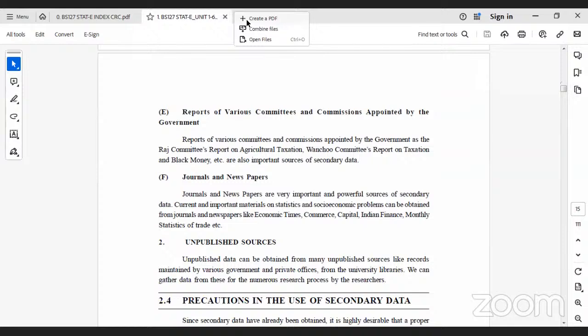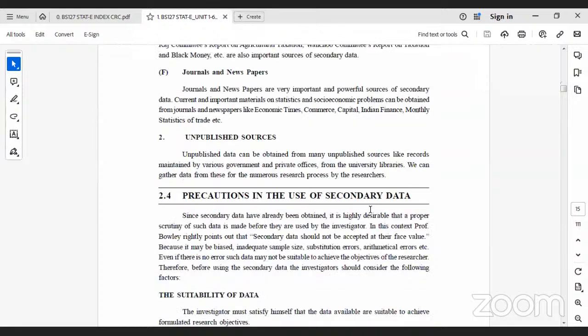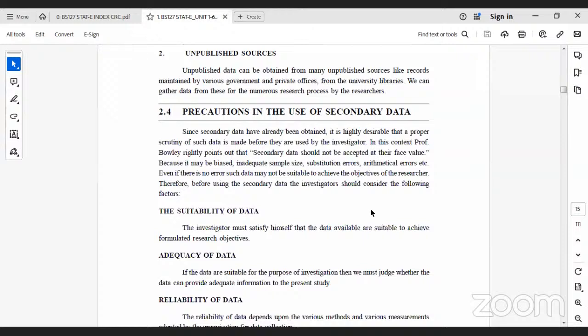Okay, so precautions in the use of secondary data. Since the secondary data is already obtained, it is highly desirable that proper scrutiny of such data is made before it is used by the investigator.